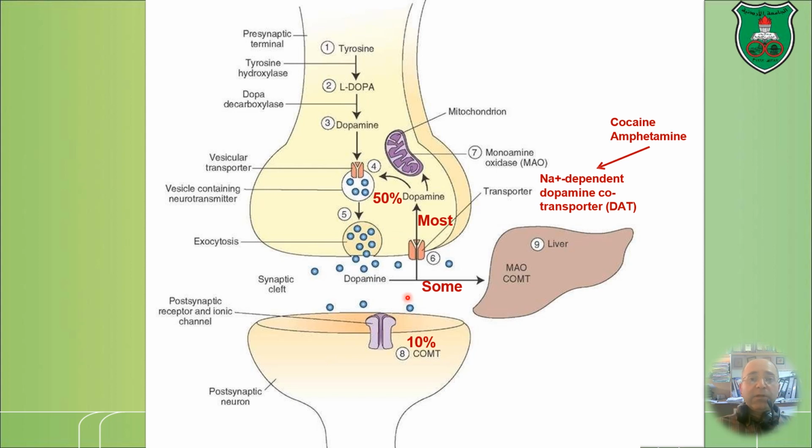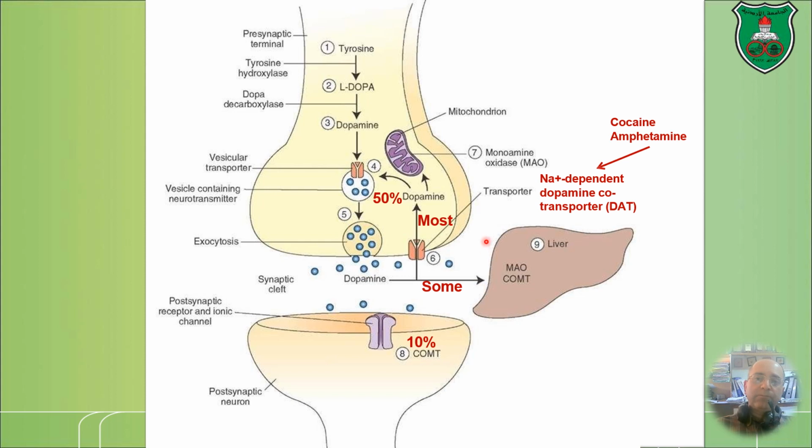Some of the dopamine would leak out into the bloodstream وبيصير transfer or transport into the liver, where it gets inactivated by also these two enzymes أنا بنحكي عنهم, or it can be taken up by neighboring cells including the postsynaptic neuron, where it can also be inactivated.